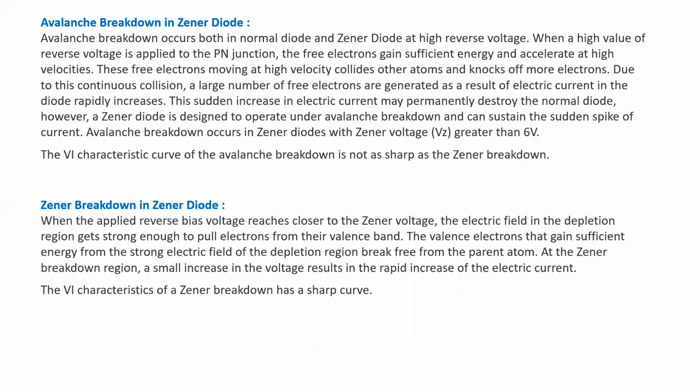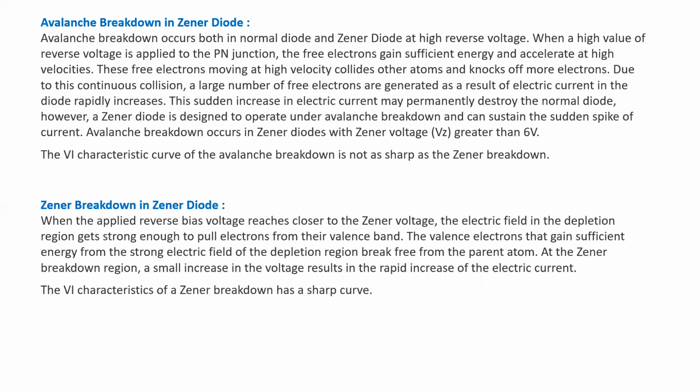We learn the concept. Avalanche breakdown is going to occur both in a normal diode, that is a semiconductor diode, and in a Zener diode, but it occurs at high reverse voltage. When a high value of reverse voltage is applied to the PN junction, the free electrons get sufficient energy and accelerate with high velocities, meaning they start their movement.